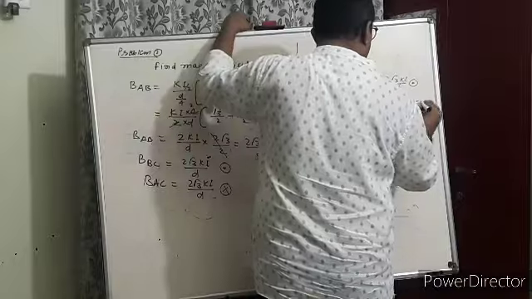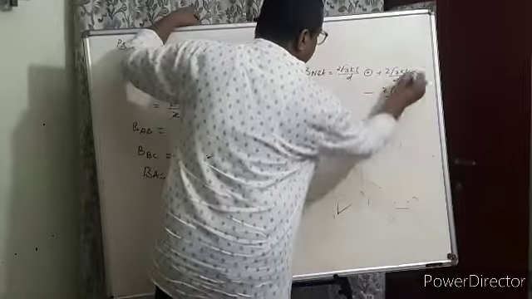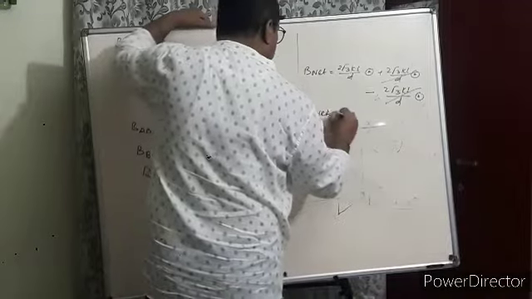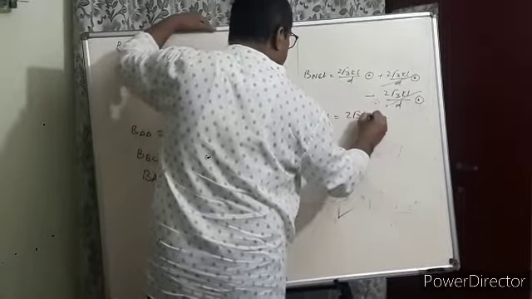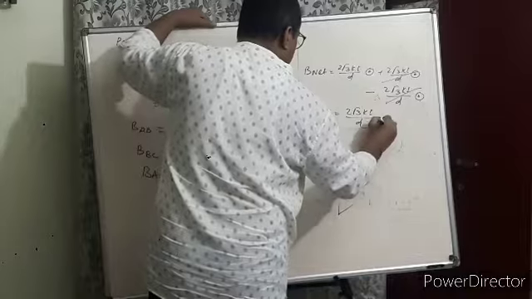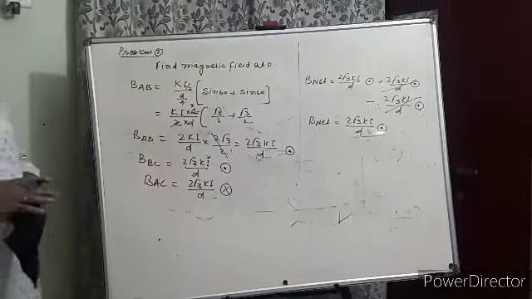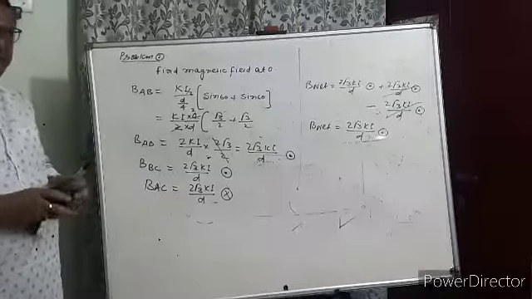This will also be outward. I think this will be cancelled, and the net magnetic field will be equal to 2 root 3 K I by d outward. I think that it is clear. Due to a straight wire, we have calculated the magnetic field.